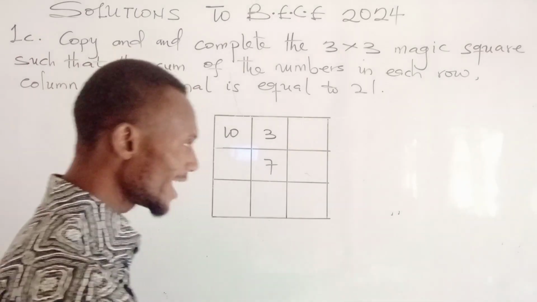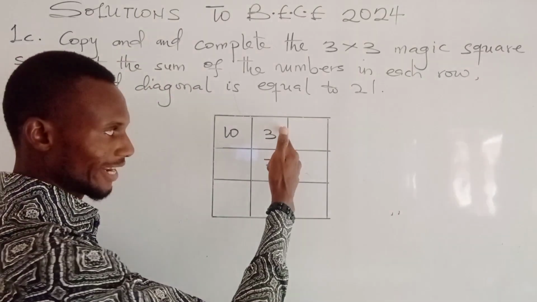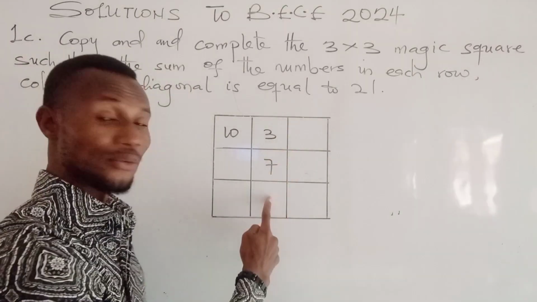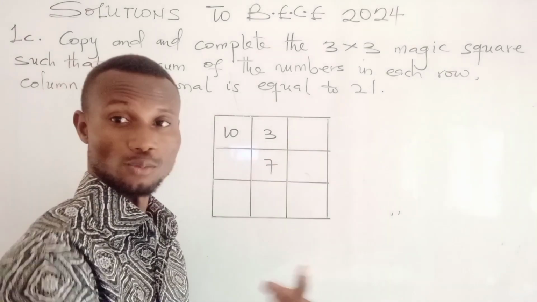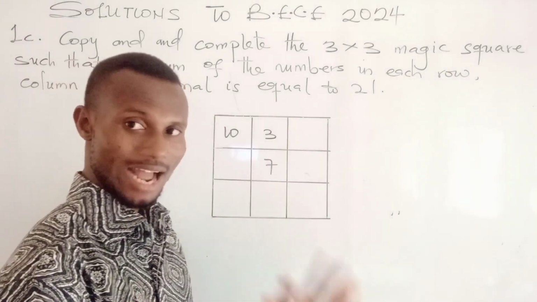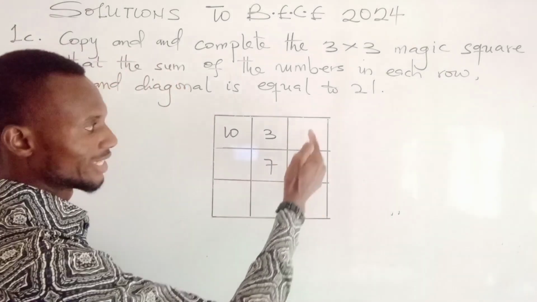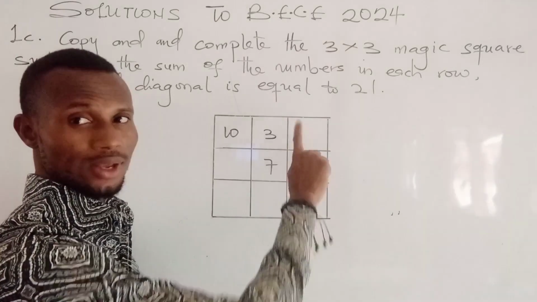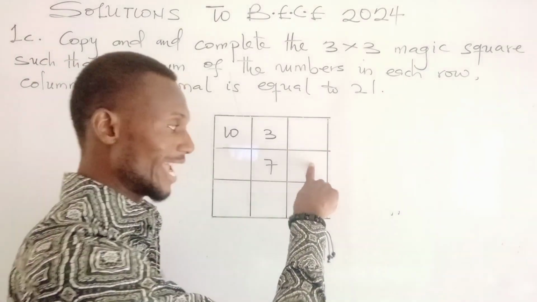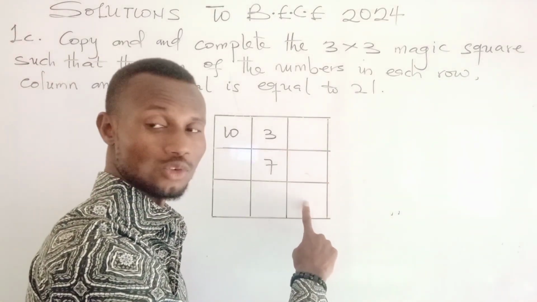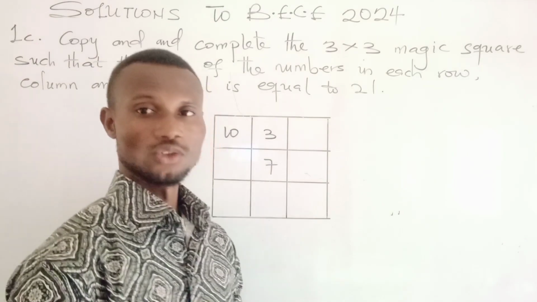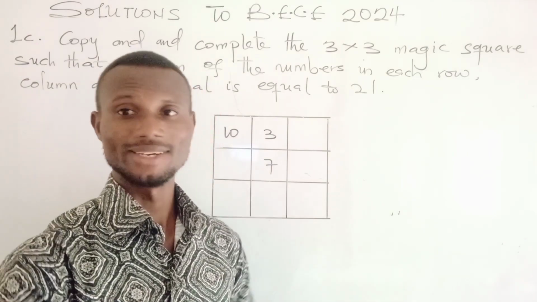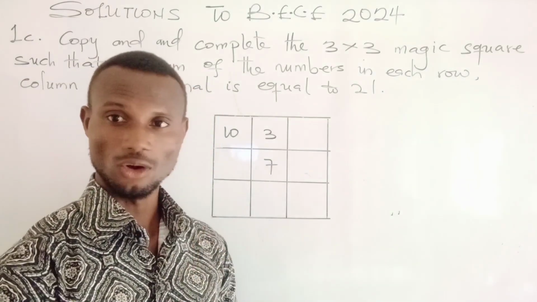Again, when we add this 3 to the 7 and also to the number here, we are supposed to get 21. And when we take the number here, plus the number here, plus the number here, we are equally supposed to get 21. That's the column.